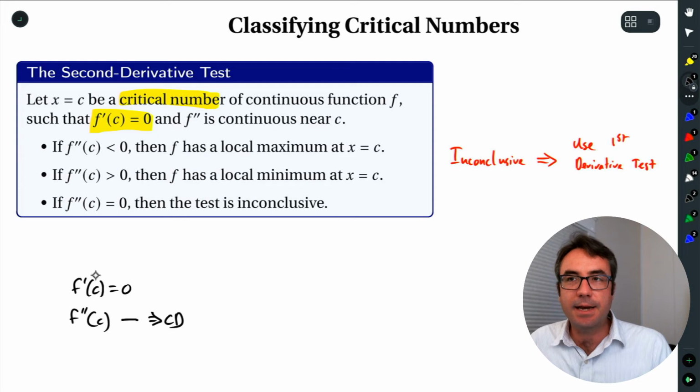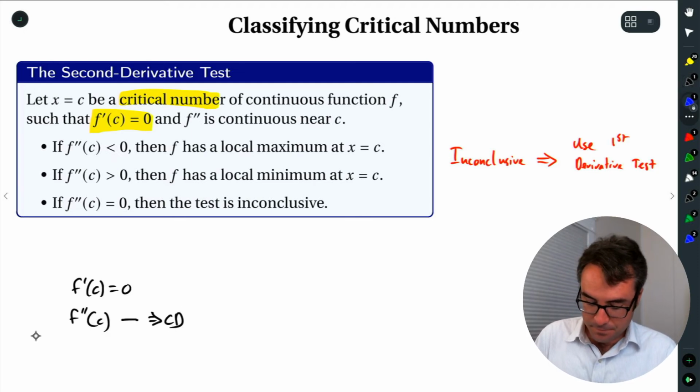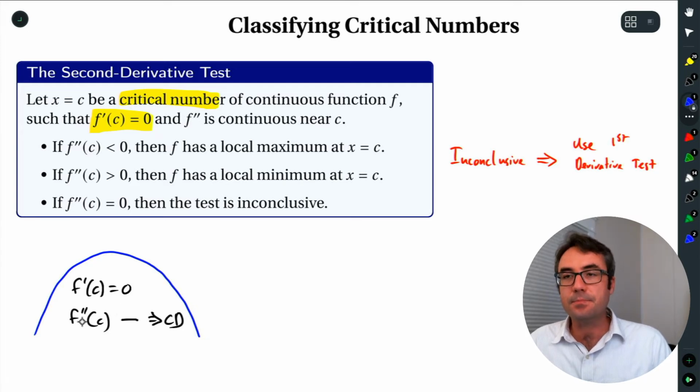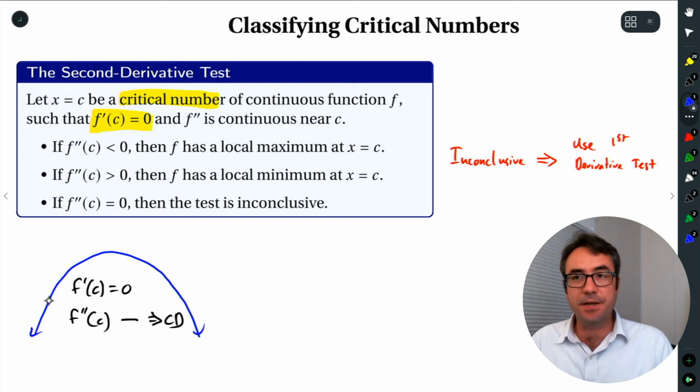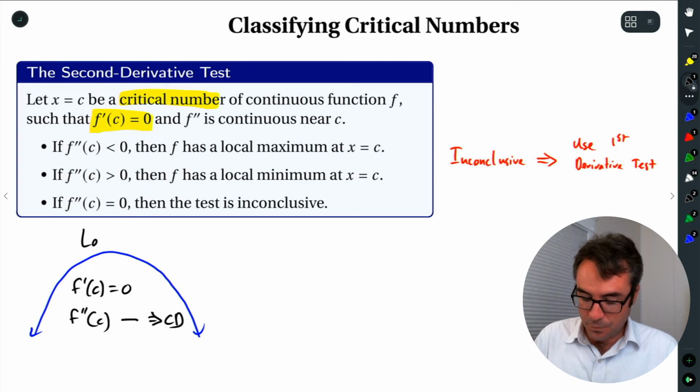So draw in, to help remind you what the second derivative test says: if your second derivative is negative, draw in that concave down shape, and make it nice and rounded because the first derivative is 0. And what we've drawn, right around x equals c, looks like a local max. And that's exactly what this test says. We have a local max.